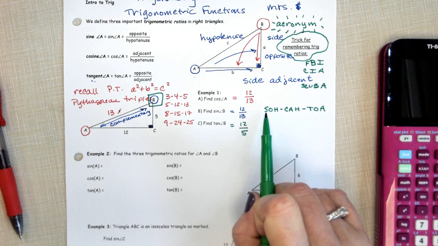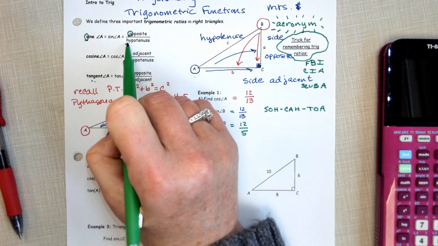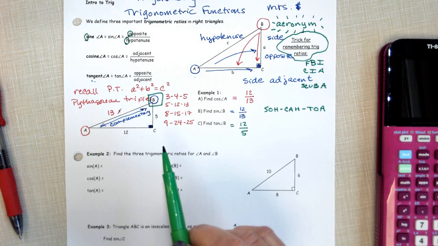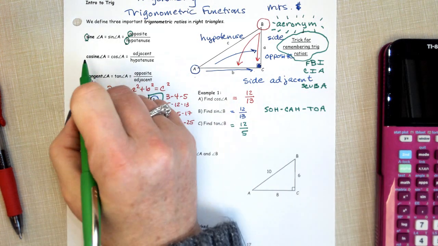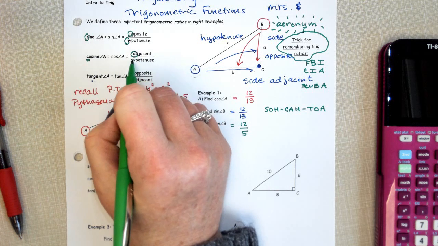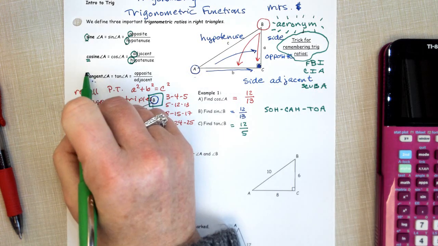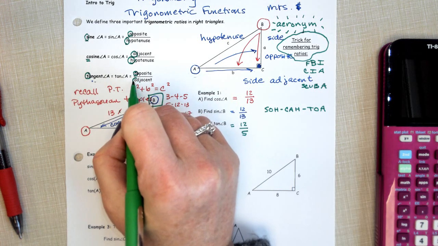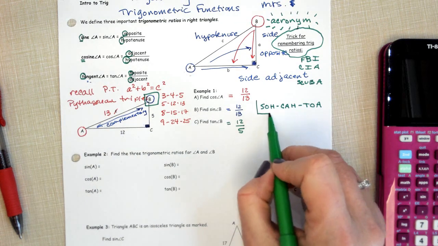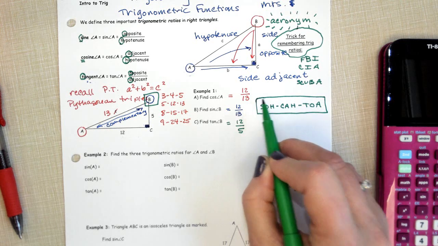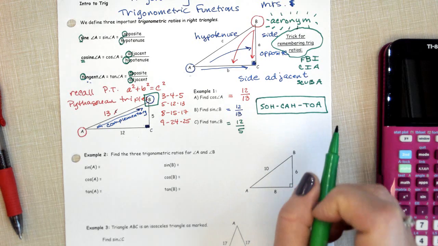So the acronym is SOH: the sine is opposite over hypotenuse. So it's the first letter in each of these trigonometric ratios. The cosine is adjacent over hypotenuse, so CAH. And then the tangent is opposite over adjacent, TOA. So this is your new best friend in the whole wide world for the next 6 weeks. Okay? SOHCAHTOA.